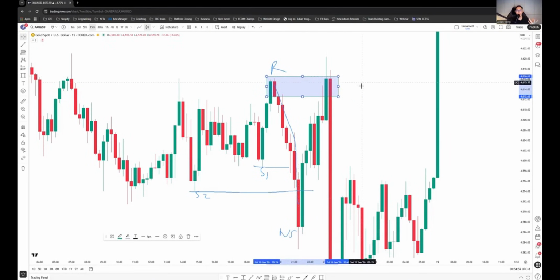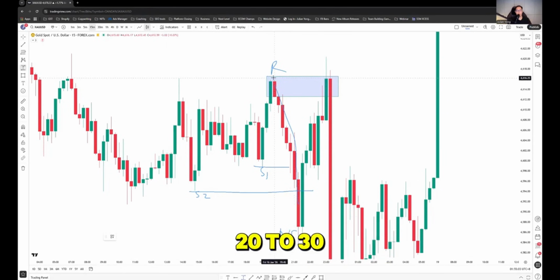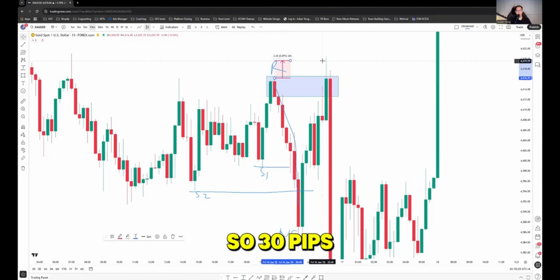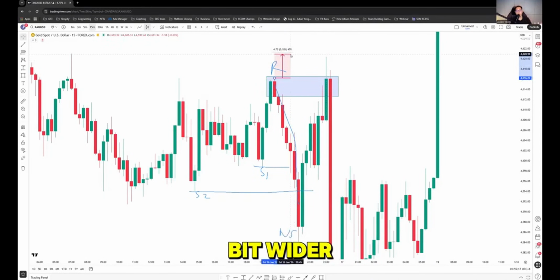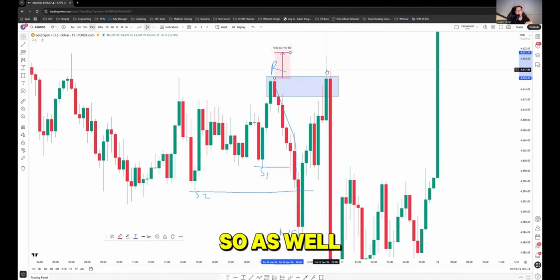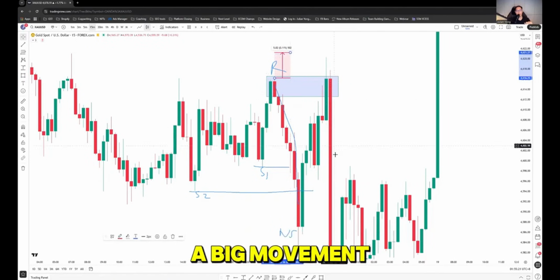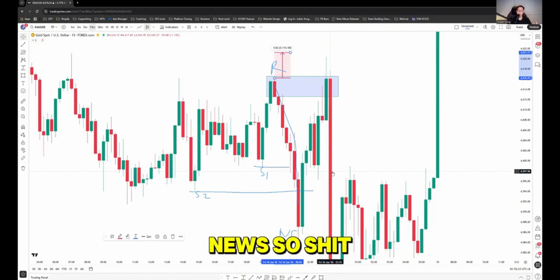So what's going to happen is that I'm going to put my stop loss 20 to 30 pips above here. So 30 pips, in this case, it would have hit stop loss, right? So is there any big deal? Not really, because this is a small time frame trade as well. So if you want to make it a little bit wider, you can do so as well. And also, I believe this area here was a big movement because of the news.